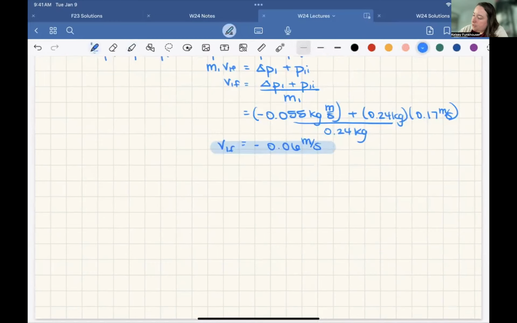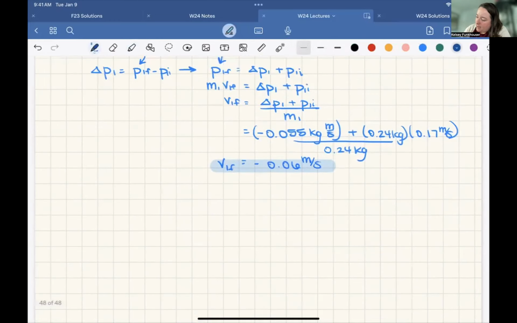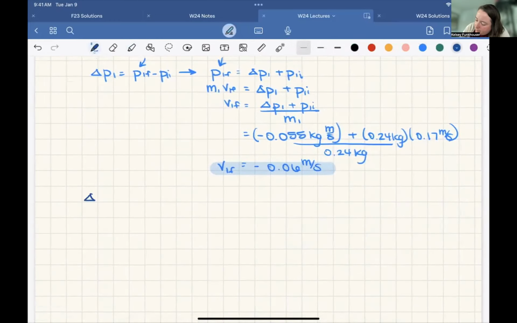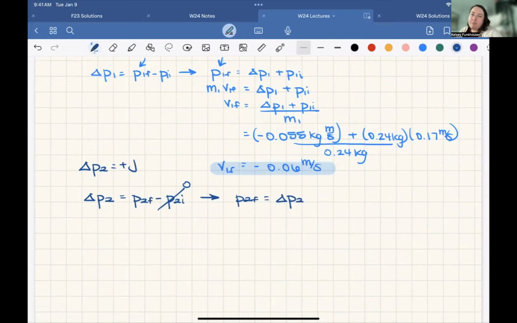Let's do cart 2 now. Again, for cart 2, this is the positive of the impulse. So it is the final minus the initial, but it's initially at rest, so this is 0. So the final momentum is just equal to the change in momentum, or actually the impulse.